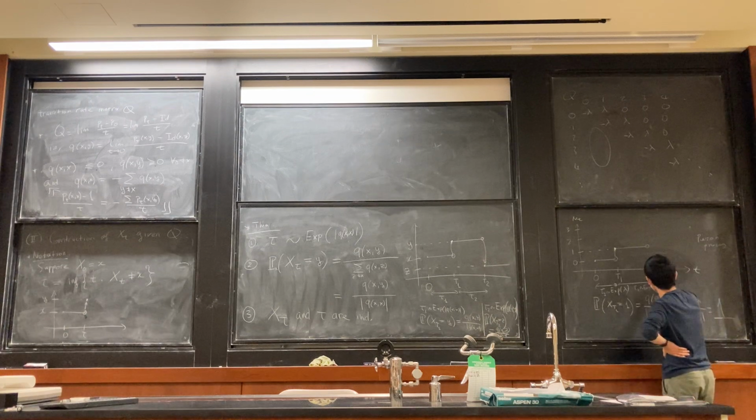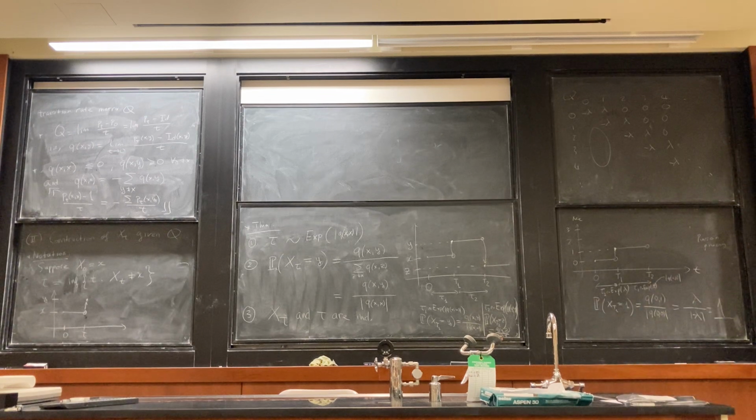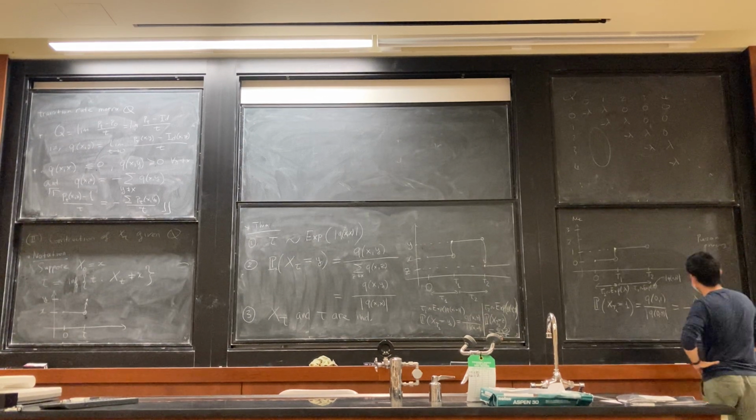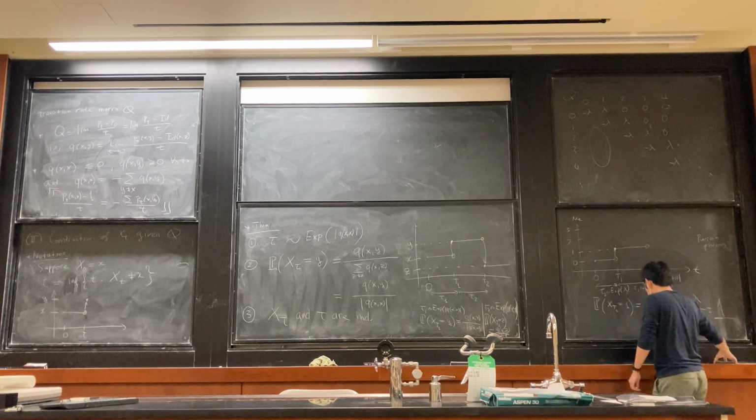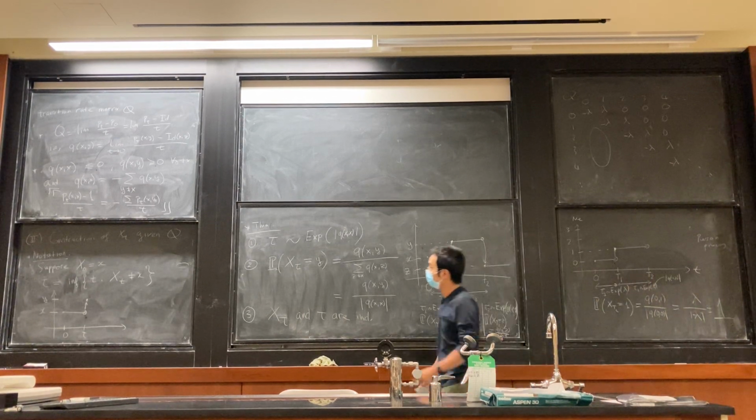Remember, this is the absolute value of Q11. Similarly, I'm going to jump from 1 up to 2 with probability 1. And then just start again from there. So I guess the example is clear on the construction.